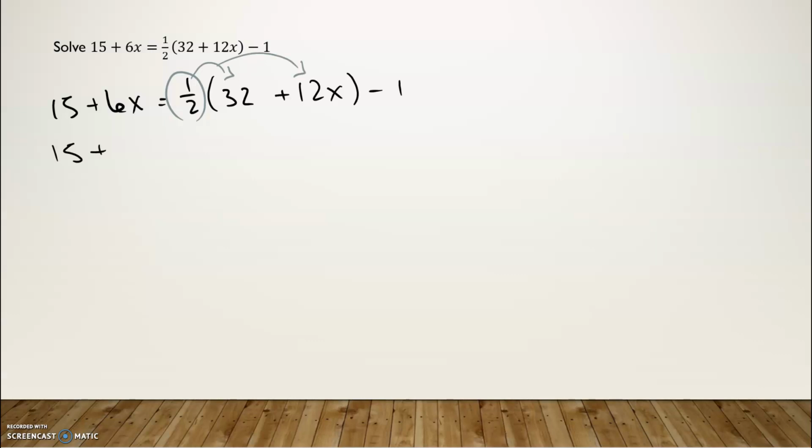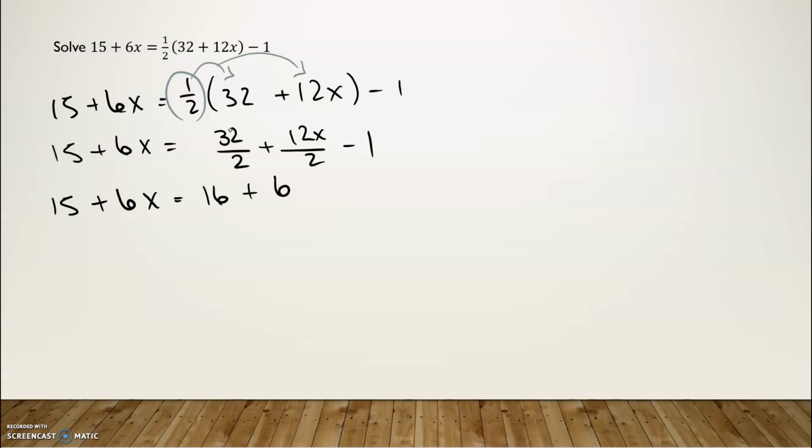So 15 plus 6x is equal to 32 over 2 plus 12x over 2 minus 1. 15 plus 6x is equal to, okay, 32 divided by 2 is 16, plus 12x divided by 2 is 6x minus 1.